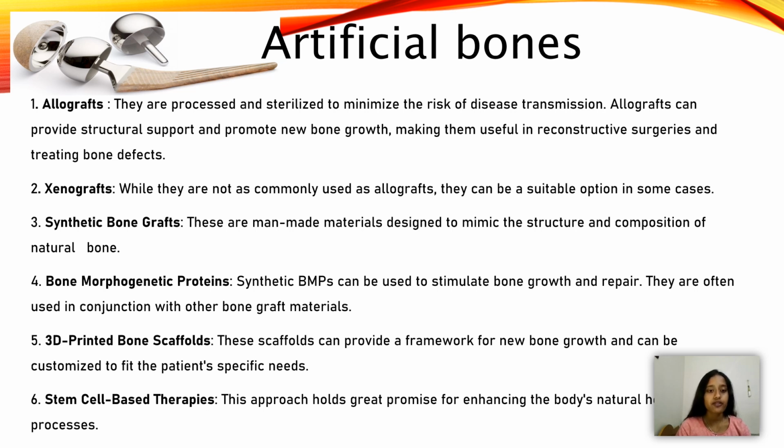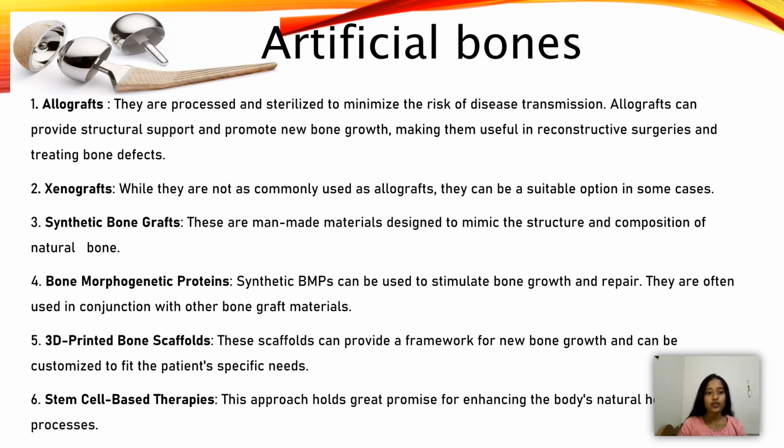Xenograft is similar to the allograft, but here the donors are not humans but animals. Then synthetic bone grafts are man-made materials designed to mimic the structure and composition of natural bone. The materials used can be calcium phosphate ceramics and also hydroxyapatite.